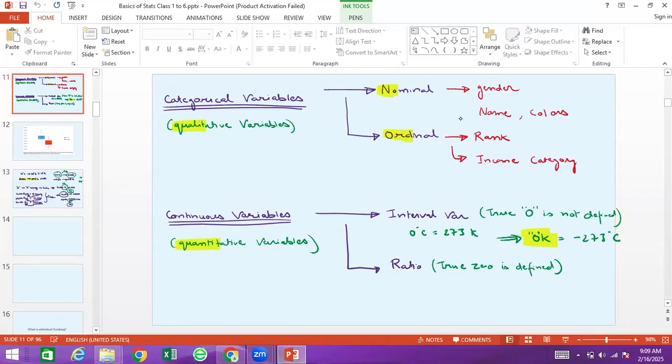Now another example of an interval variable will be time, right? For example, we are in 2025 as of today. Let me write it down.